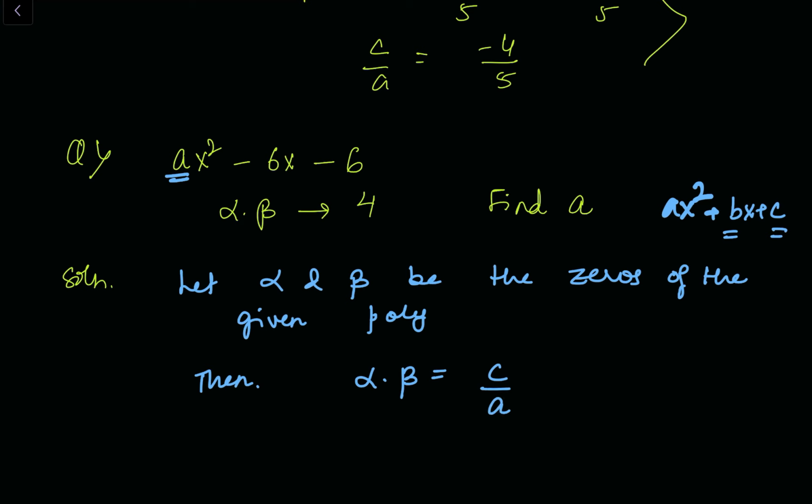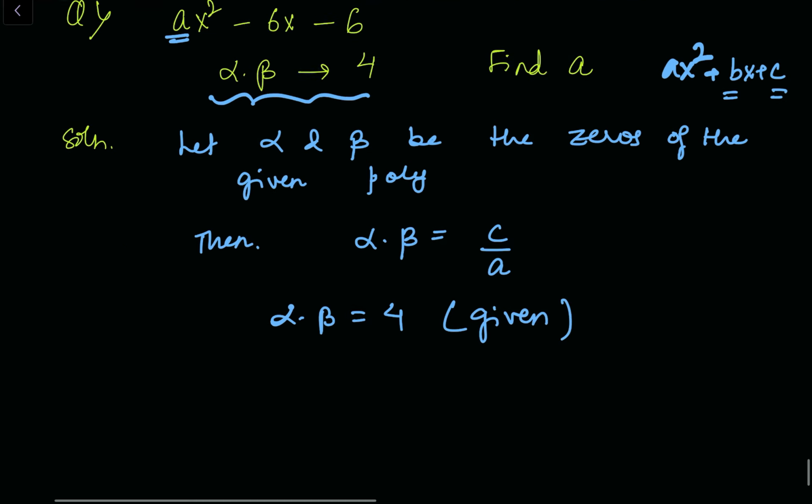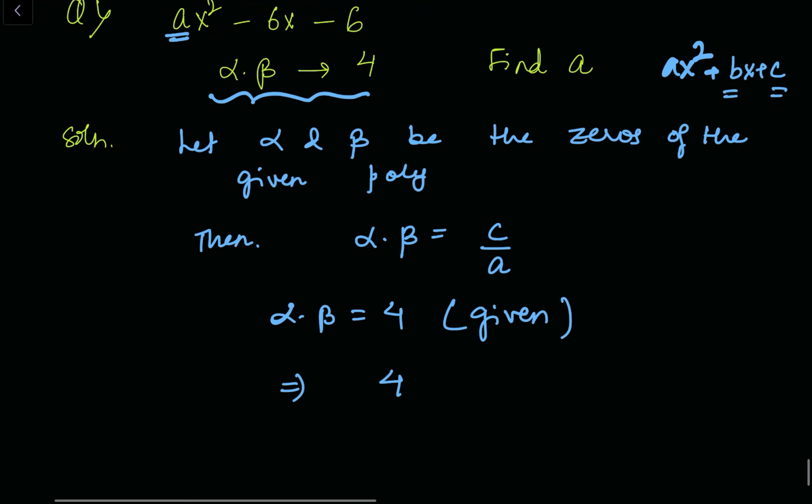Why did we take alpha into beta? Because alpha into beta is already given to us. So alpha into beta is c by a. Now alpha into beta is 4, which is given, which implies that 4 is c by a.